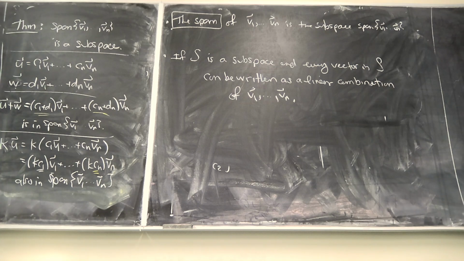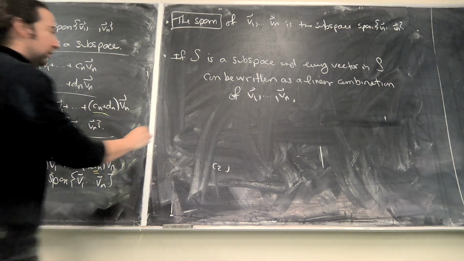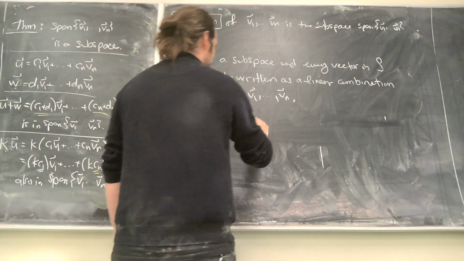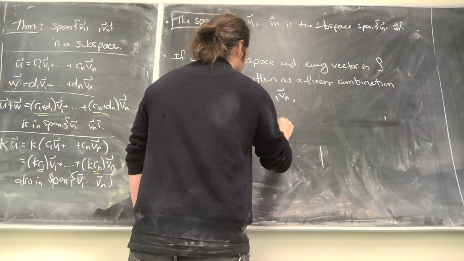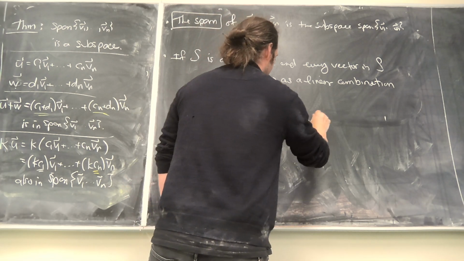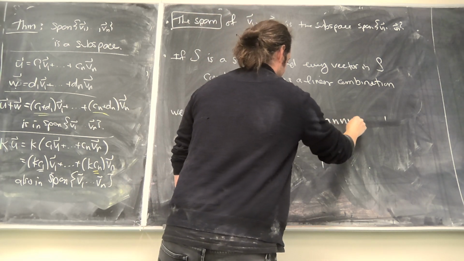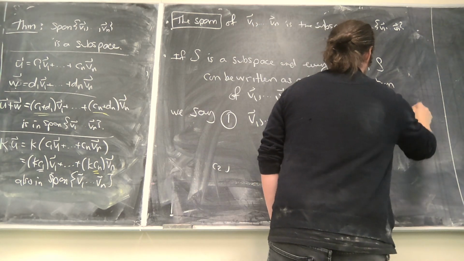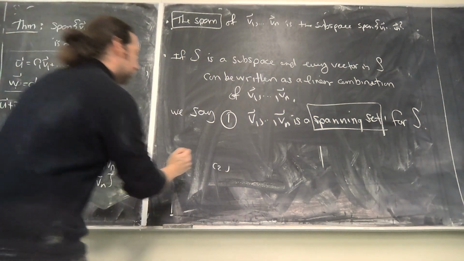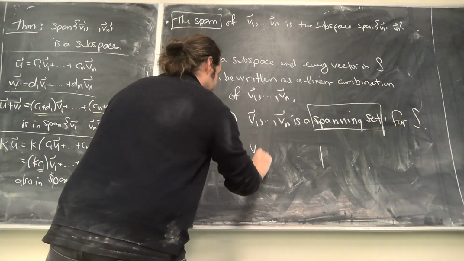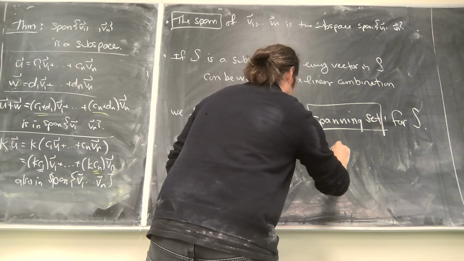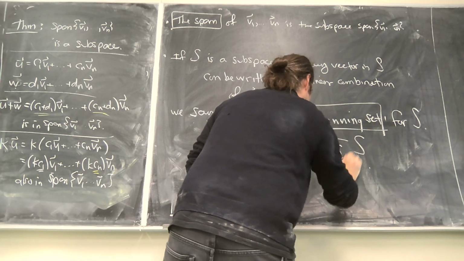If S is a subspace, and every vector in S can be written as a linear combination of V1 through Vn, we say, 1, V1 through Vn is a spanning set for S. And 2, V1 through Vn spans S. How annoying that is.